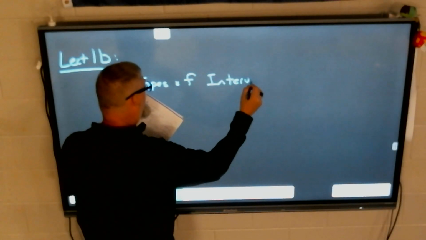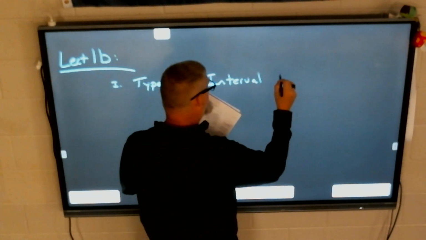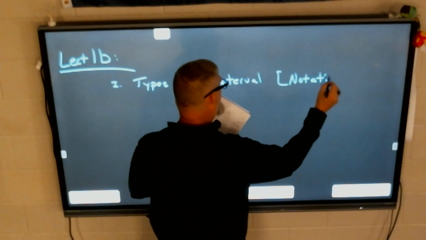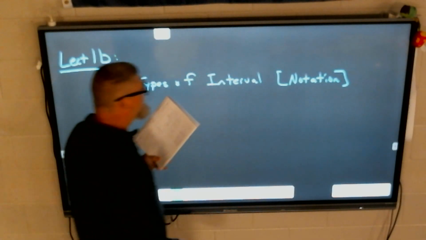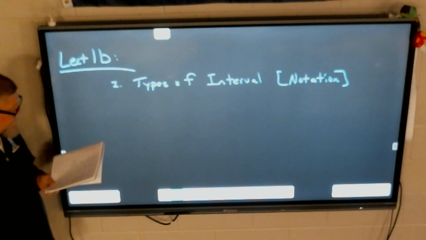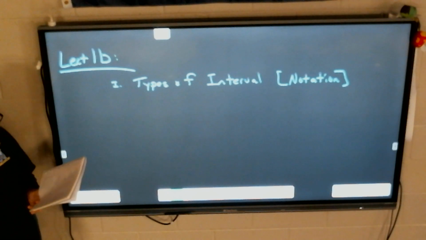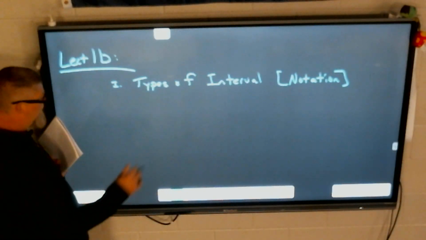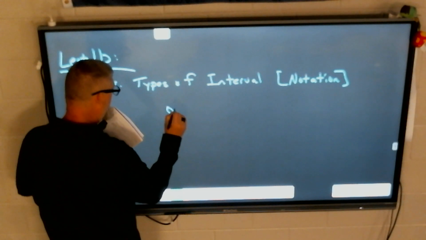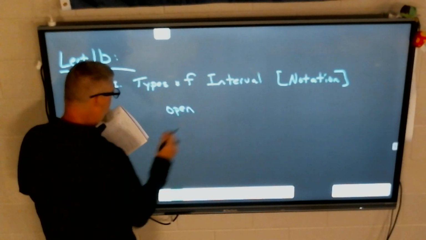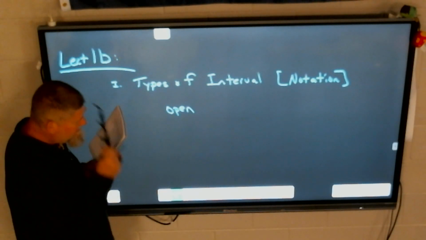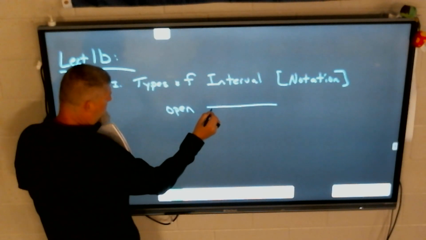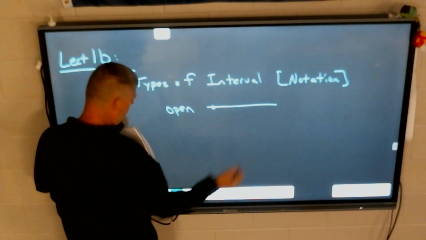Hopefully, your Algebra 2 teacher taught you interval notation. I know if you went to Center, all of our teachers do teach interval notation. And we have really 4 different types. Okay? One of them is called an open interval. So let's say we have a number line, and we have 2 points on that number line.